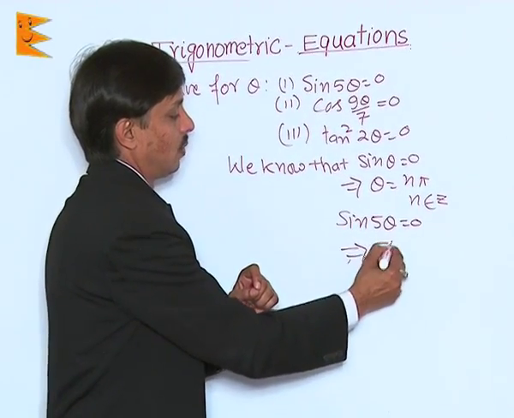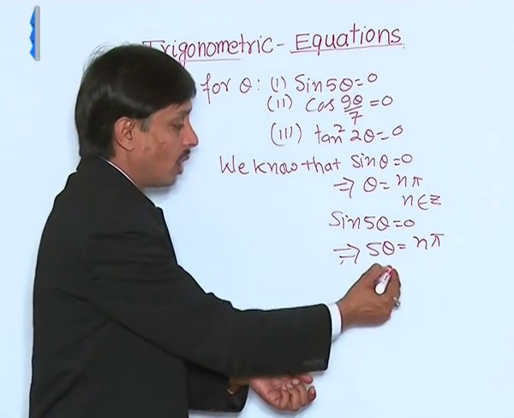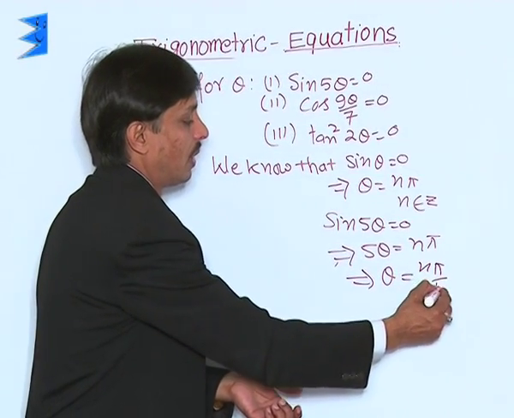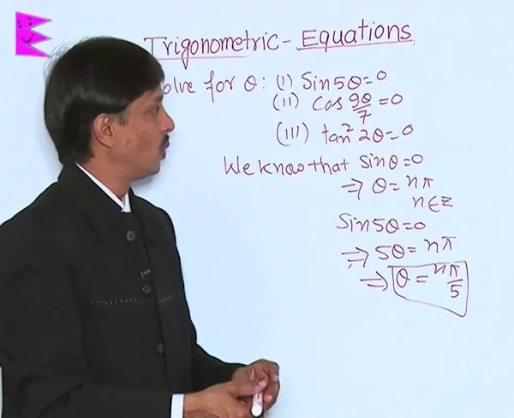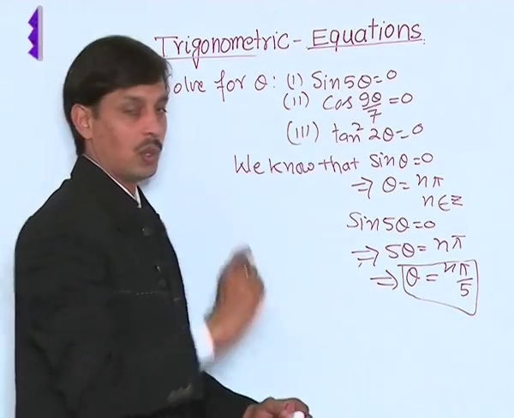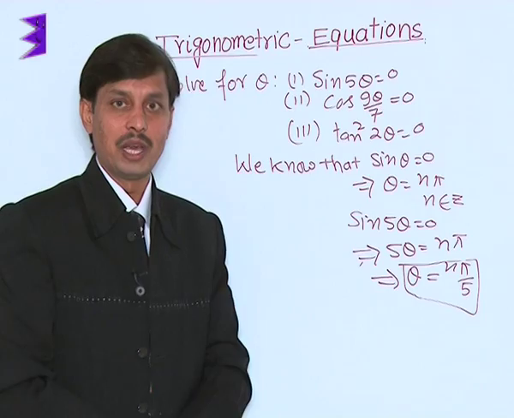This implies 5 theta is equal to n pi, or the value of theta will be n pi by 5. This is the general solution of the first part: if sin 5 theta is 0, then the value of theta will be given by n pi by 5.